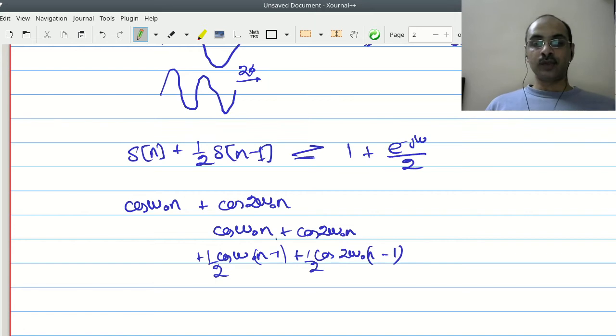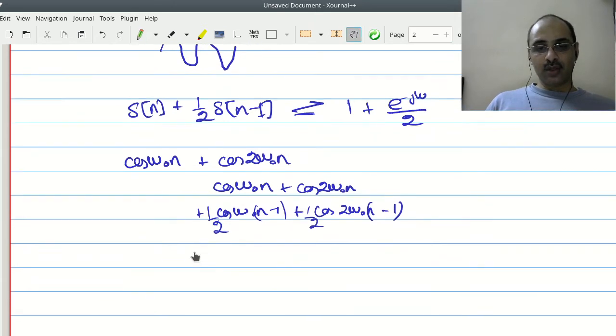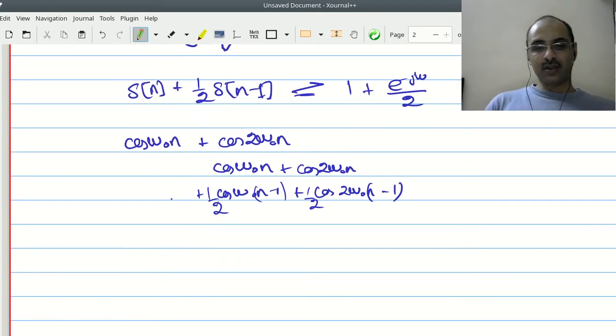Now this has to be simplified rather carefully, and I'm going to do the simplification rather quickly over here and show you. If you do this carefully, you will find that the omega naught and 2 omega naught see different phases.